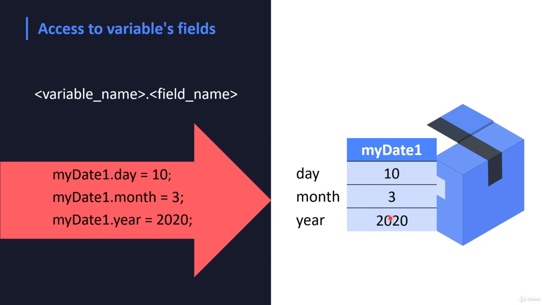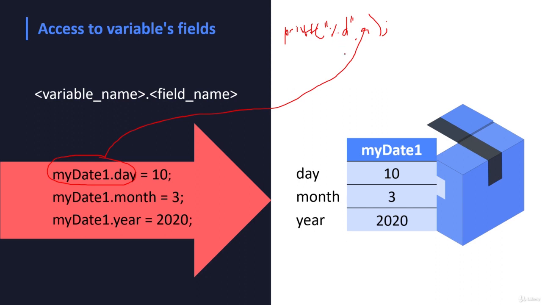So if you want to print these values to the screen, you may write something like printf, specify %d, and instead of that %d, you specify this value. For example, if you want to print the day, you specify myDate1 dot day here, and it will replace the %d placeholder.